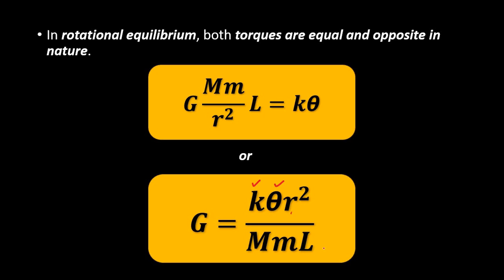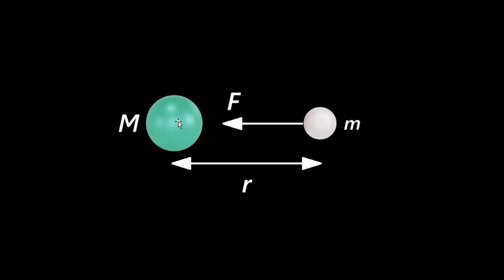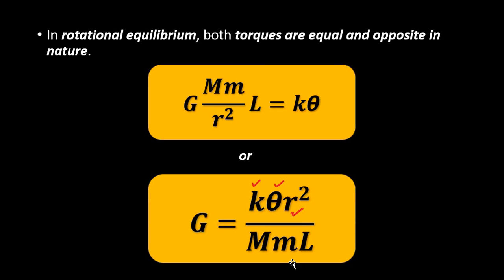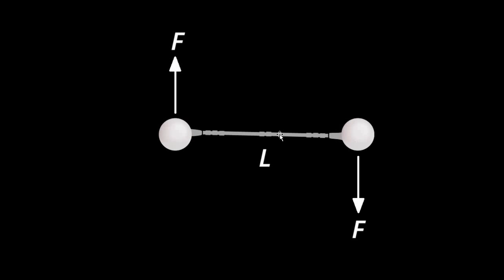R, the separation distance between the larger sphere and the smaller sphere, is known in the experimental setup. Then the mass of the larger sphere is also known. The mass of the smaller sphere is known. The length of the light rod, the dumbbell rod, is also known.